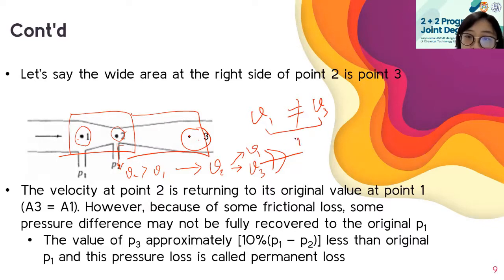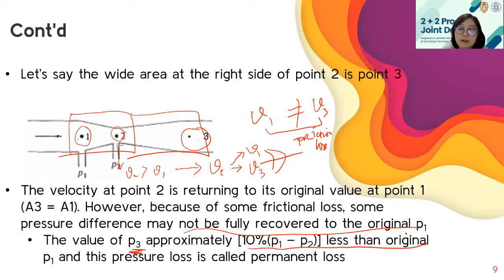Because of the friction loss. Some pressure difference may not be fully recovered to the original P1. Therefore, the value of P3 is approximately 10% less than the original P1.